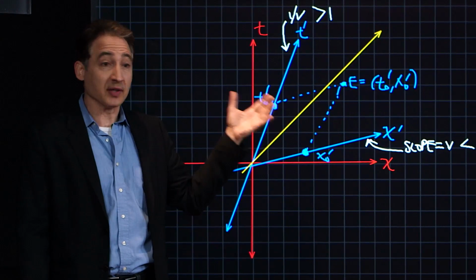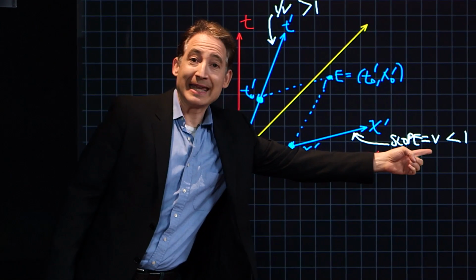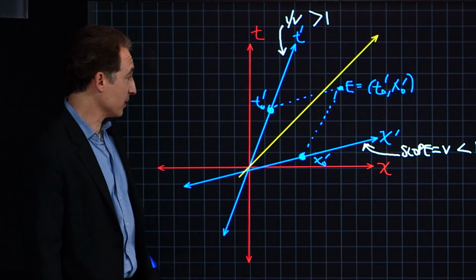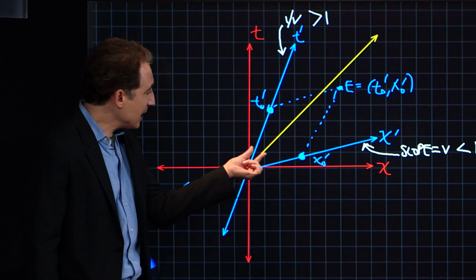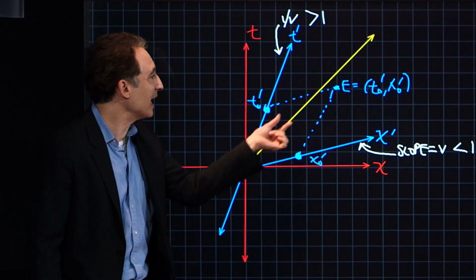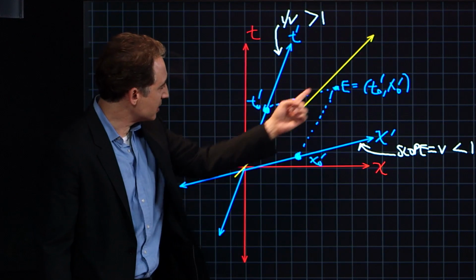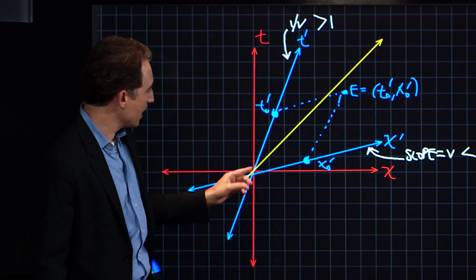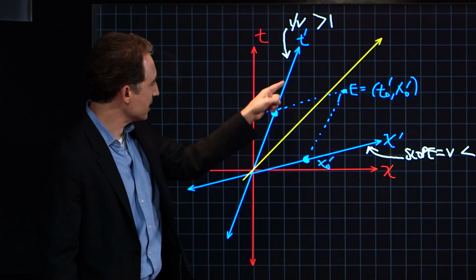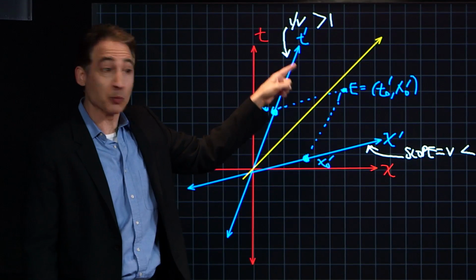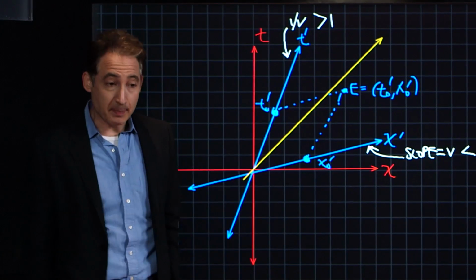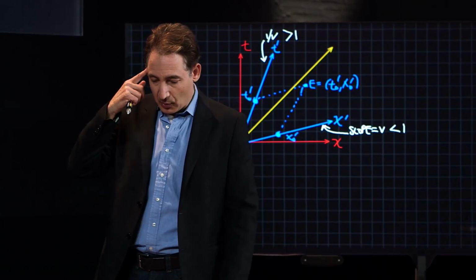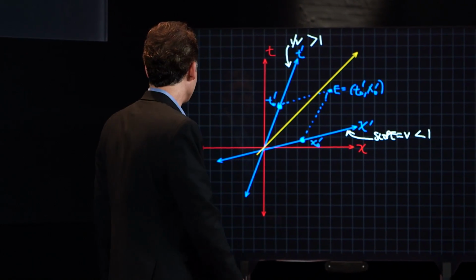They'll never cross it because v can't get bigger than 1, so 1 over v can't get smaller than 1. They'll never cross, but they'll get ever tighter. They'll more tightly hug this trajectory of a beam of light. That makes sense. The faster the frame is going, the closer the velocity of a person at the origin will be to the speed of light. Good. Okay, so two other points that I want to make before we move on.